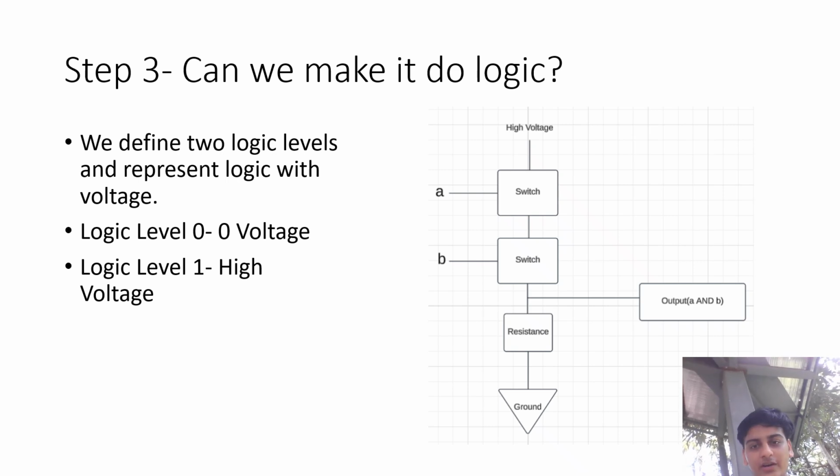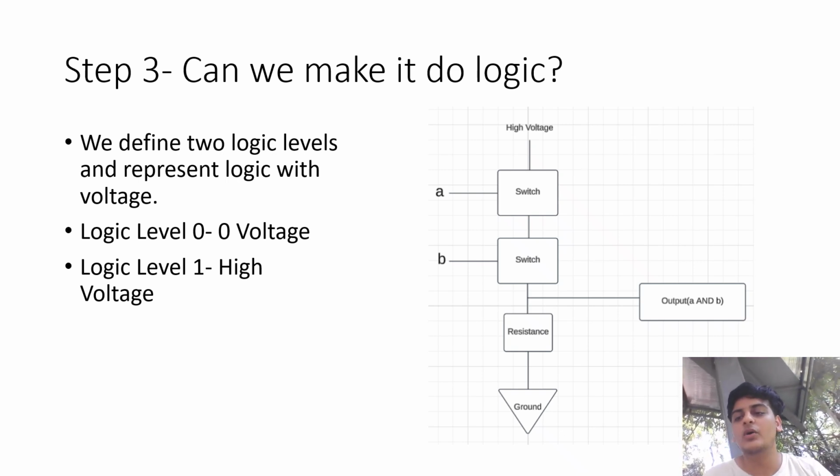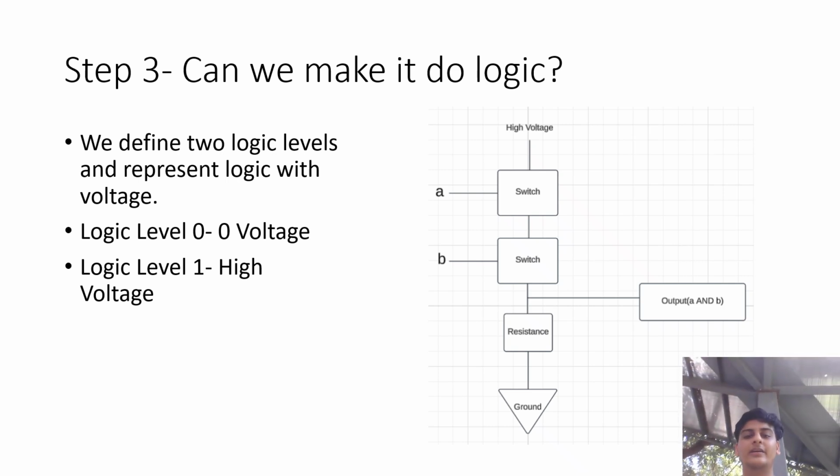So I've shown you here that you can use these switches to actually make an AND gate, and you can think about it, read on the internet, or reach out to me. Similarly, other logic gates can also be made using these switches. I'll give you a quick hint on how you would make an OR gate.